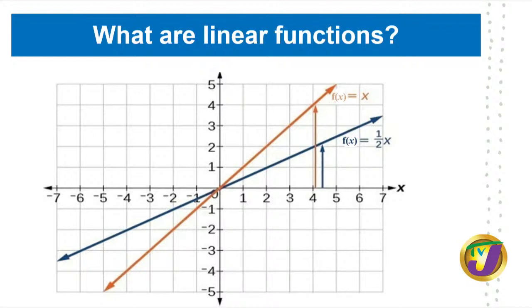Well, I'm seeing that the gradients are different. One of the gradients is 1/2, while the other is just 1. The one with the gradient of 1 is obviously steeper than the one with 1/2. So we see how the steepness of the line changes as the gradient changes.